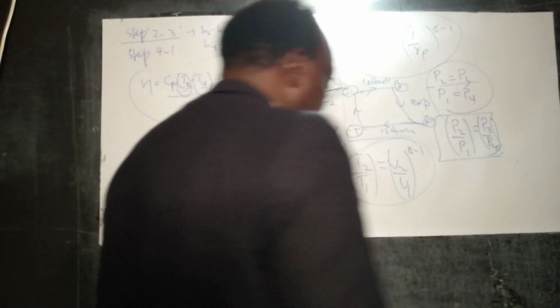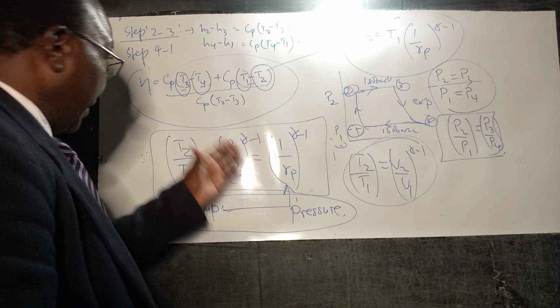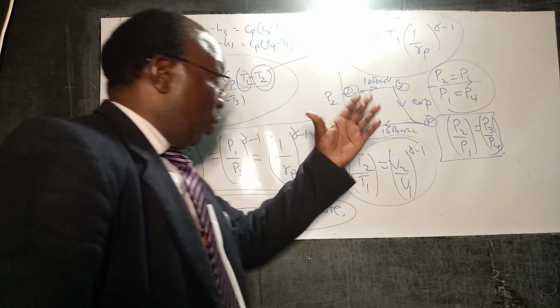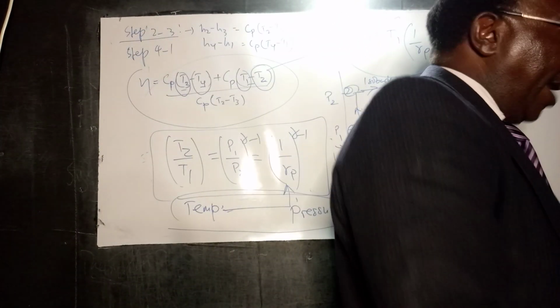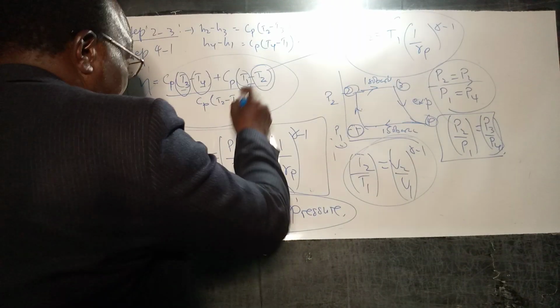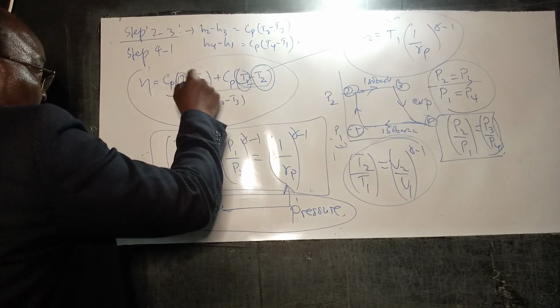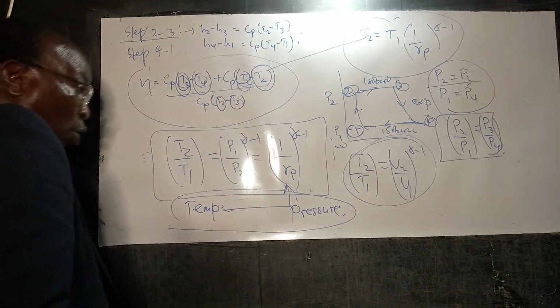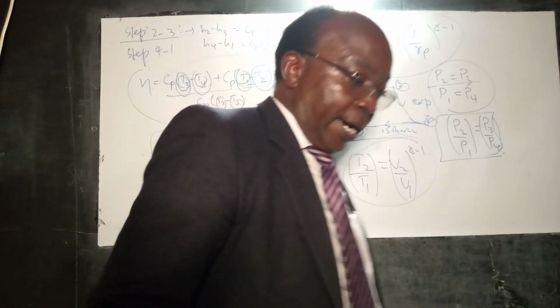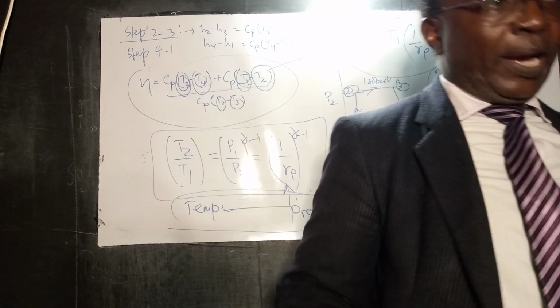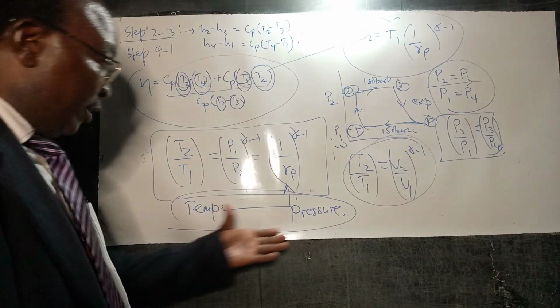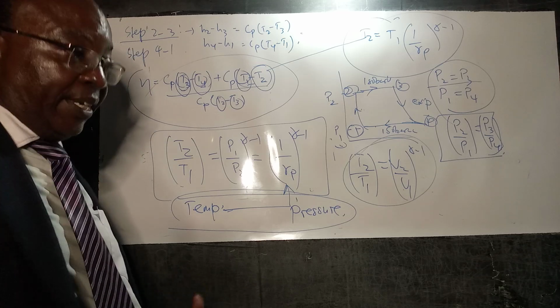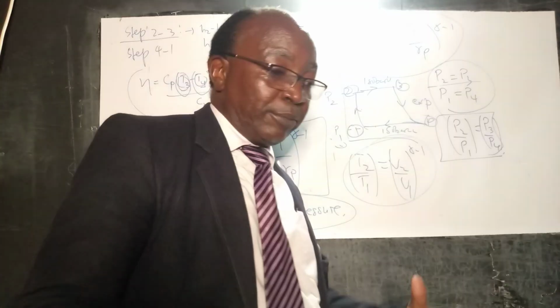The same is true for the other temperatures, you can do it for T3, T4, and plug in the values of those temperatures. Of course, you get a much bulkier expression, but you are able to show how the temperature relates to the pressure in this particular cycle and how it is in terms of efficiency.